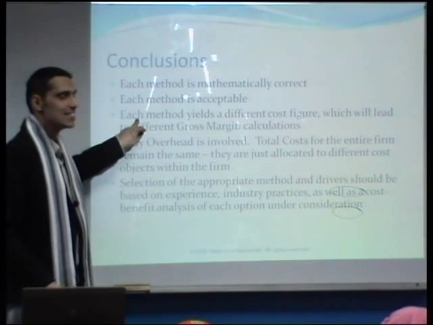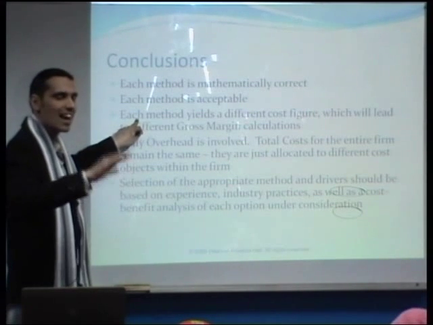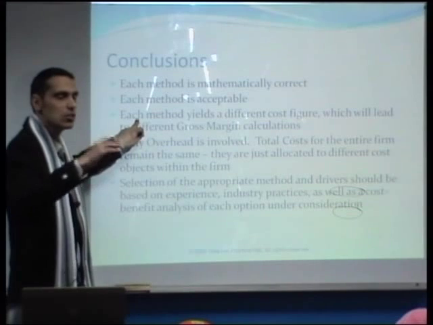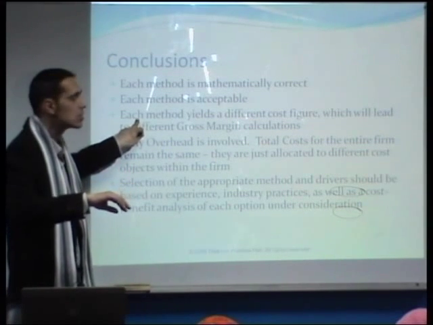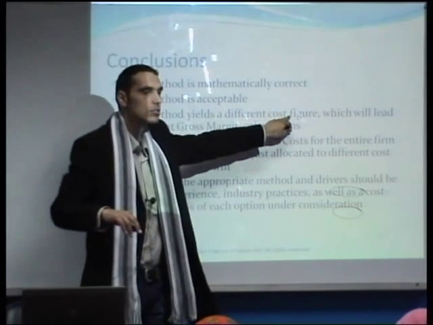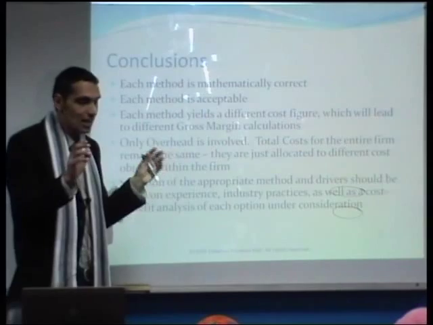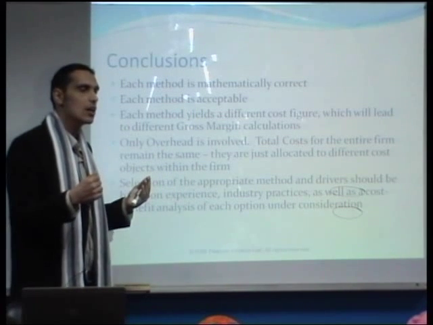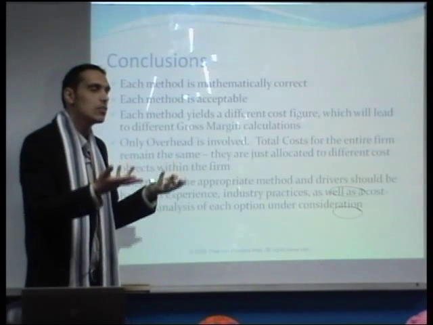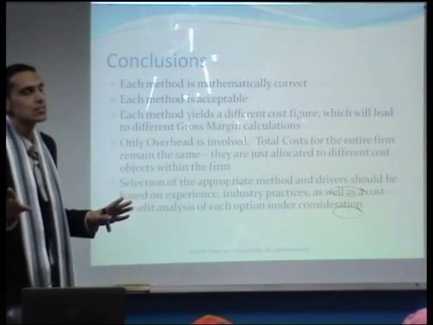Therefore, as we can see here, the different allocation methods used would yield different cost figures. But the total cost, as we said, will stay the same. Because the way we allocate these costs does not in any way affect the total cost.